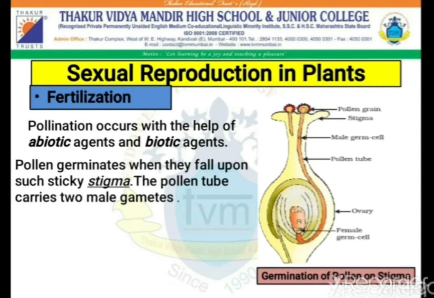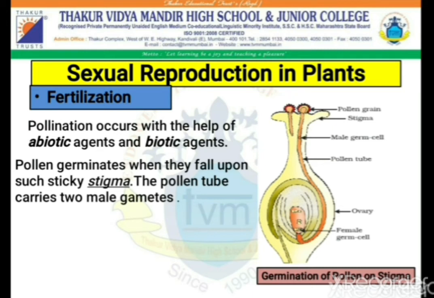So after pollination, the pollen germinates, and when they fall upon the sticky stigma, the pollen tube carries two male gametes. As soon as the pollen grains fall on the stigma, immediately a pollen tube is formed. The pollen tube is a tube which is useful for passing the pollen grains from the stigma to the ovary.